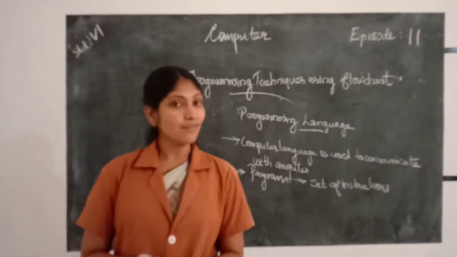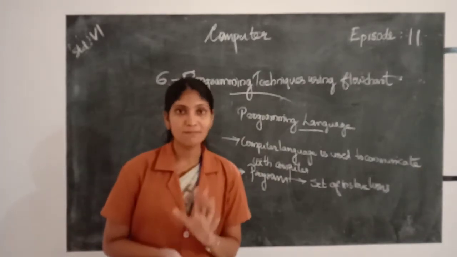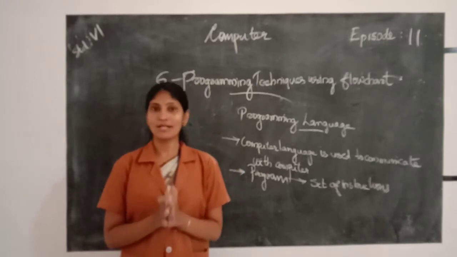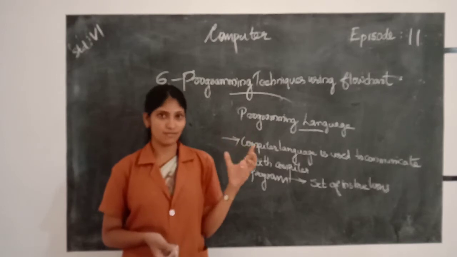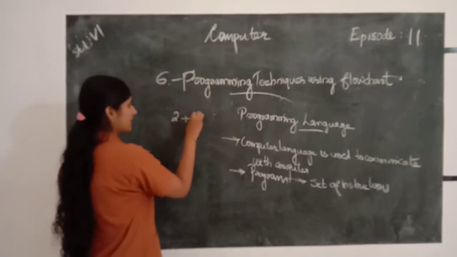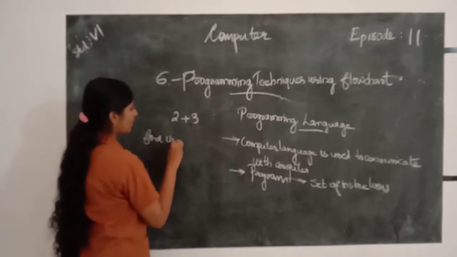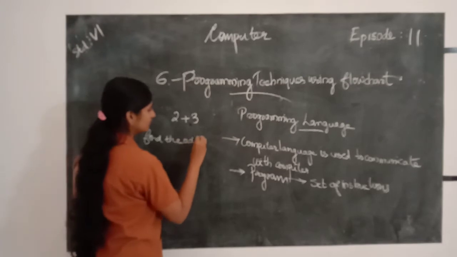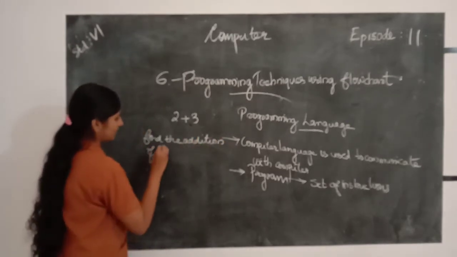Then, in computer science, what is a problem? Normally, in mathematics we know what a problem is. For example, addition of two numbers, 2 plus 3. Find the addition of two numbers.